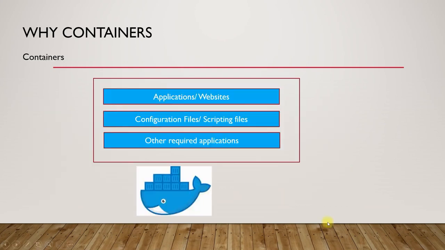Now let us see what a container contains, to be precise. For example purposes, we will take this. You have an application or website, and in order to run that, you need configuration files, you need SDKs, you need some minimum operating system, and you might need a lot of other supporting files. This is how it looks, and this is the main heart of it.